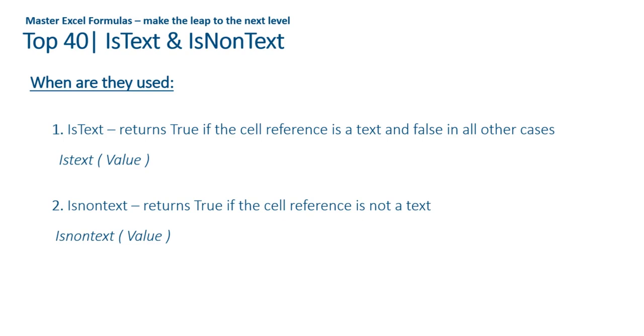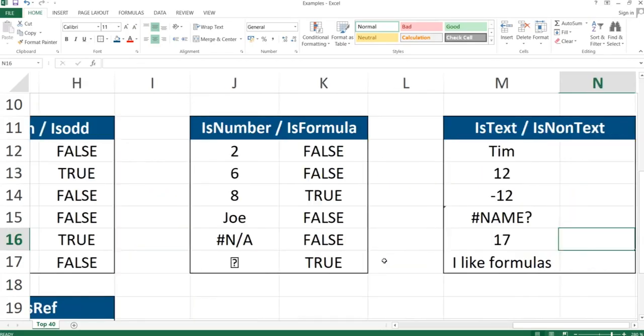ISTEXT returns true if the specified value is actually text. If it's not text, it's going to return false. ISNONTEXT does exactly the opposite. It returns true if the specified value is not text, and false in all other cases. The example is here.